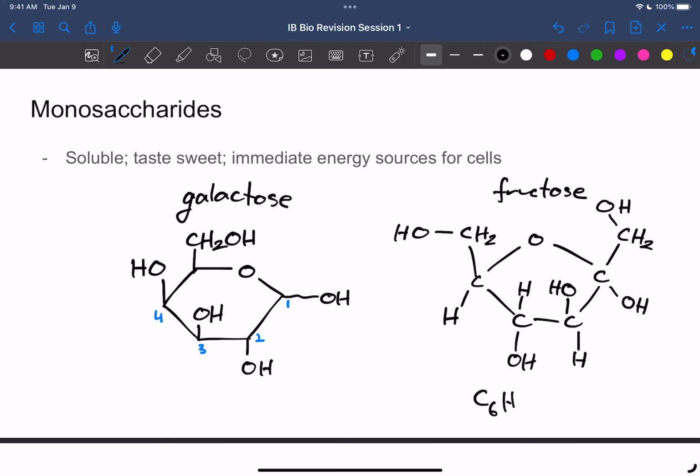This is still C6H12O6, and so is galactose. Sugars can have the same molecular formula, but still be different sugars because of the way their carbons are arranged. So here, it looks like a pentose because it has 5 carbons, pent 5, -ose sugar, so pentose. But all of these make it a hexose because it has 6 carbons total.